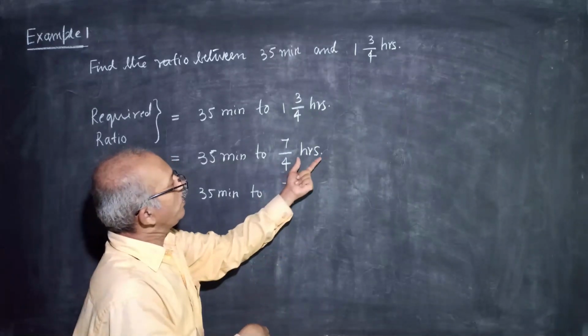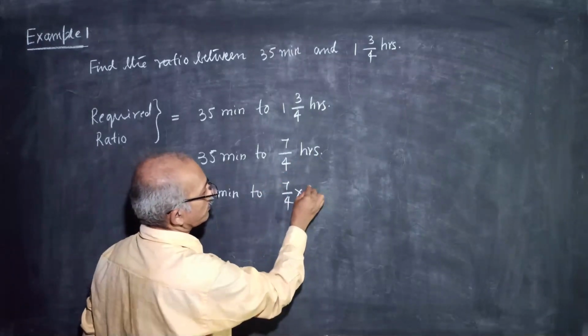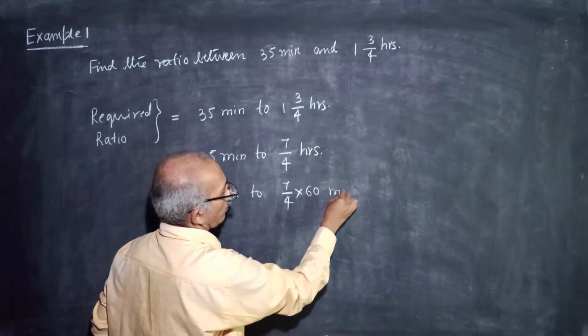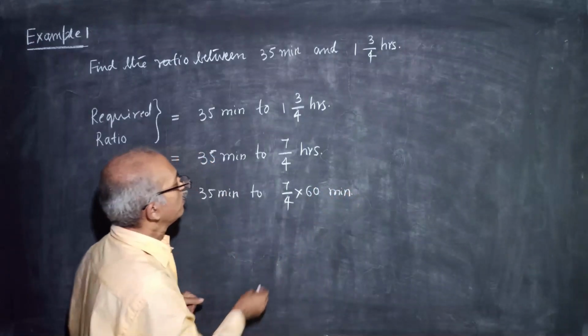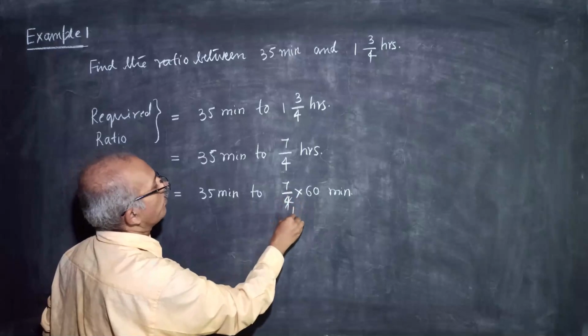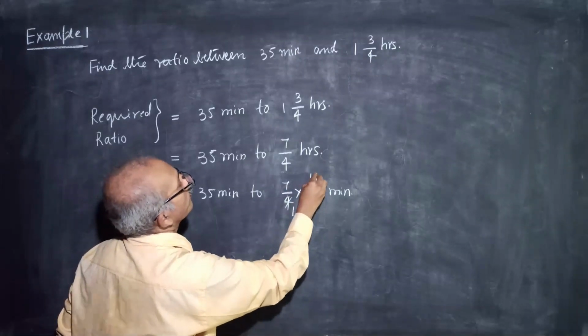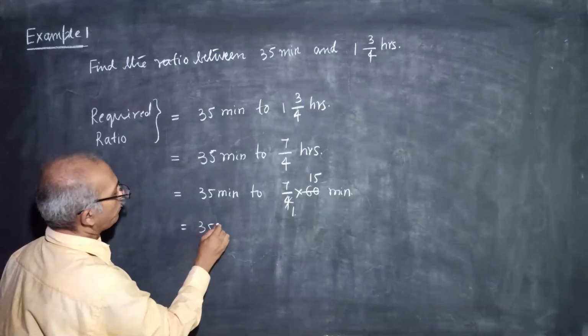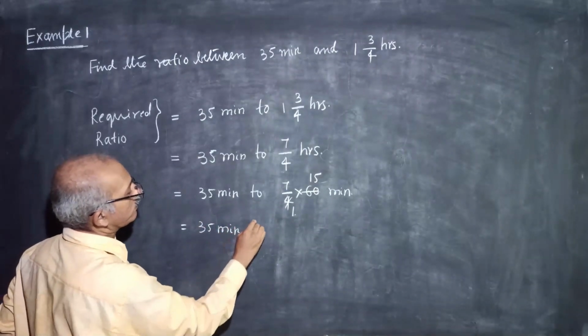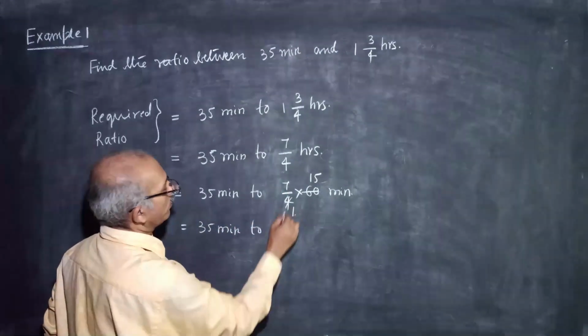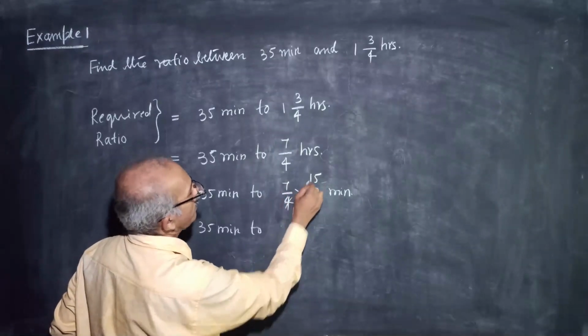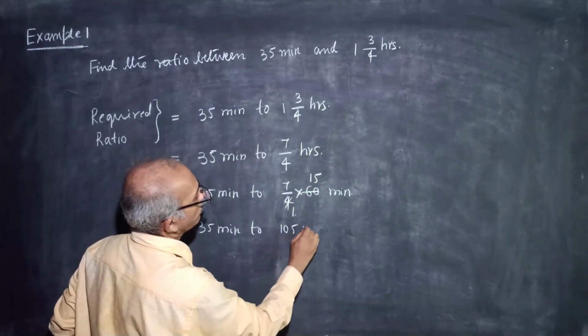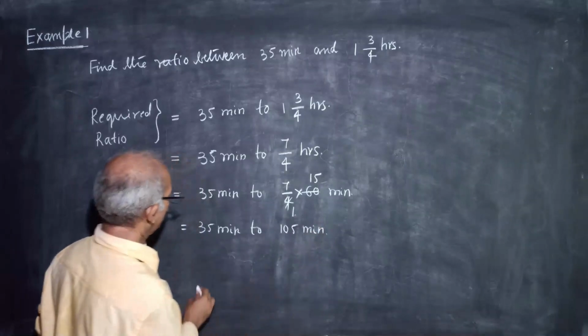We know that 1 hour is equal to 60 minutes. We can cancel it. 4 into 15 is 60. This is equal to 35 minutes to 7 into 15, 105 minutes.